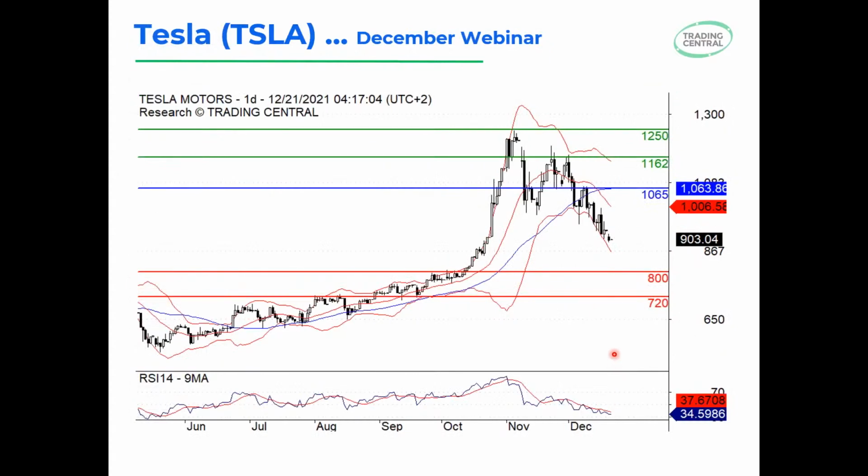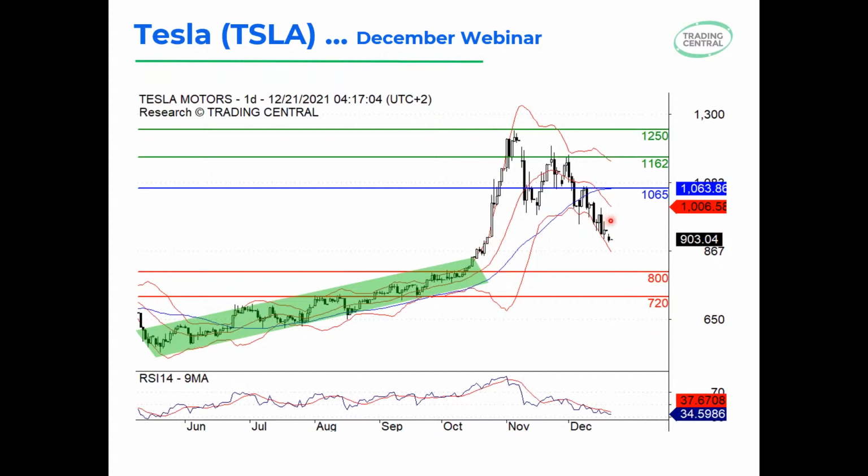Now, individual stocks. Back then in December, I talked about Tesla. Well, in fact, in every webinar of the past year, I talk about Tesla. This is, I can say, my favorite stock because it is interesting. It shows you interesting patterns and also some indicators that are very indicative.